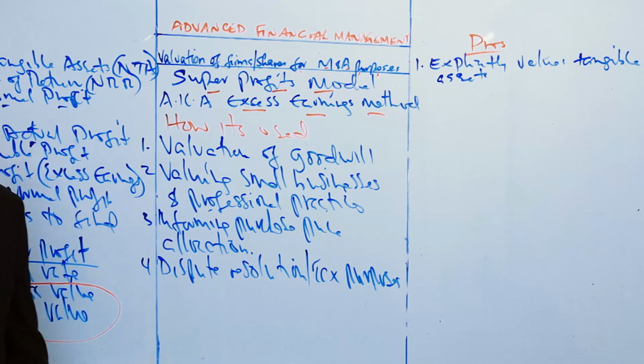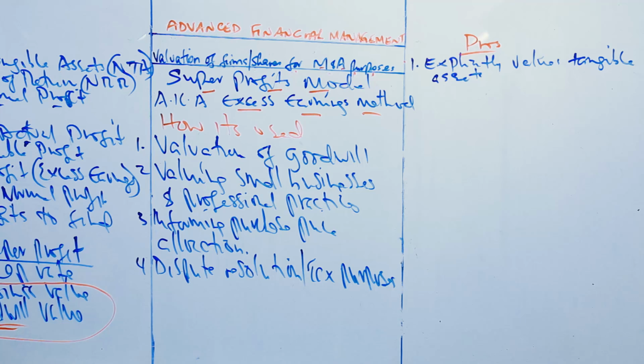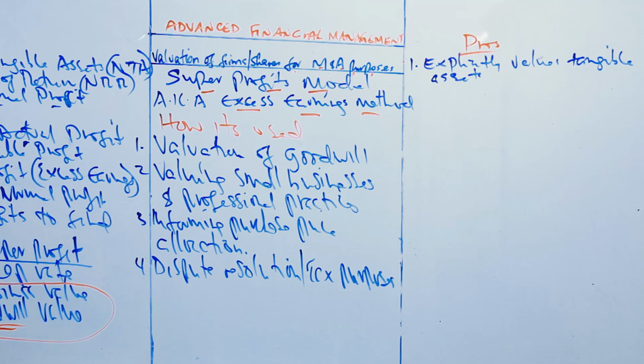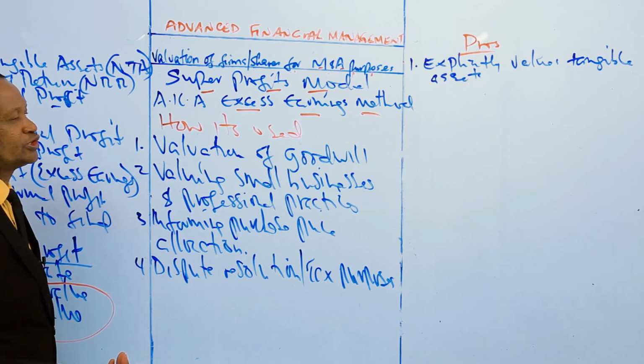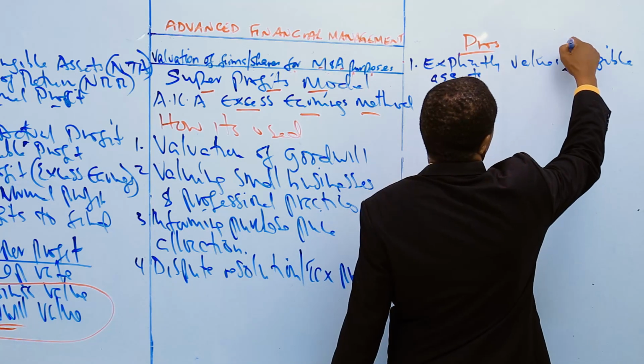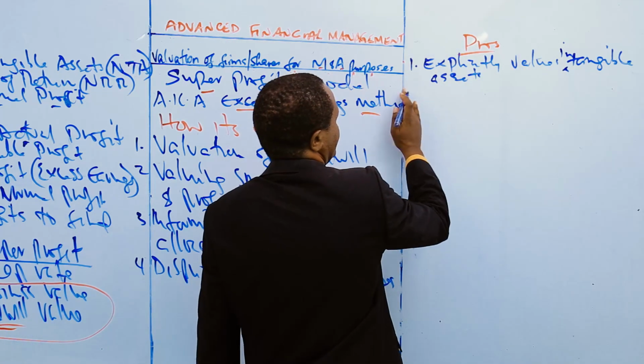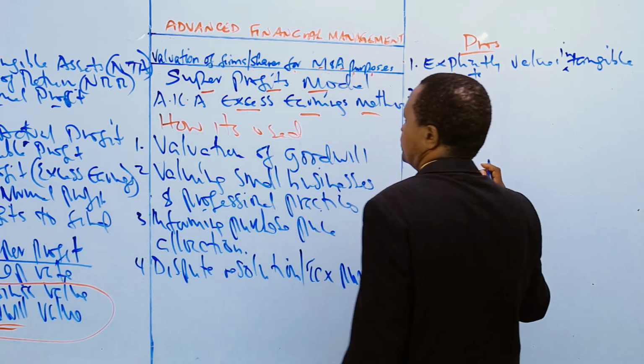That is an advantage. It directly attempts to quantify the value of goodwill and other unidentifiable intangible assets, which are often significant contributors to a company's overall worth, especially in modern economies. That is the first advantage of the super profits model.